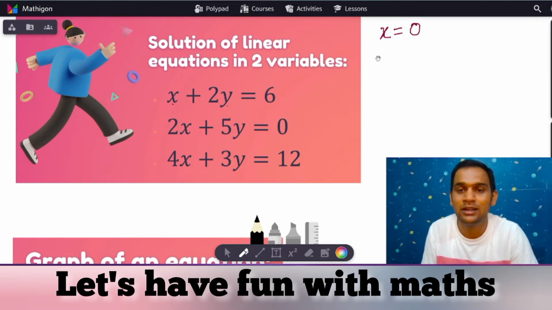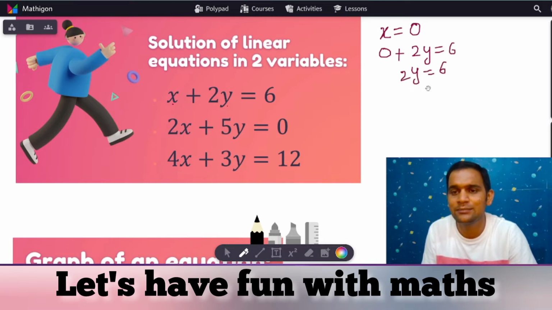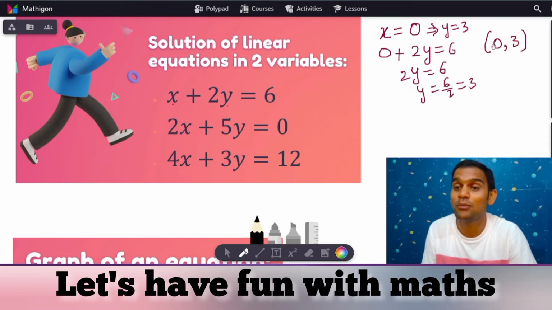Now, when we put x as 0, our equation becomes 0 plus 2y equals 6, or 2y equals 6. y equals 6 by 2, that is 3. So when x is 0, y equals 3. So the coordinate (0, 3) is a solution of this linear equation.